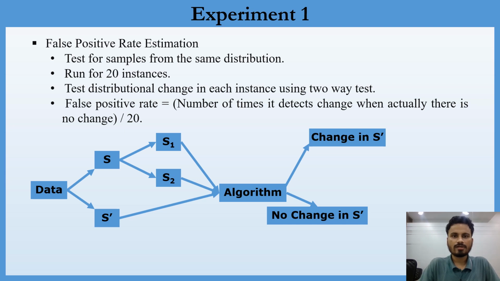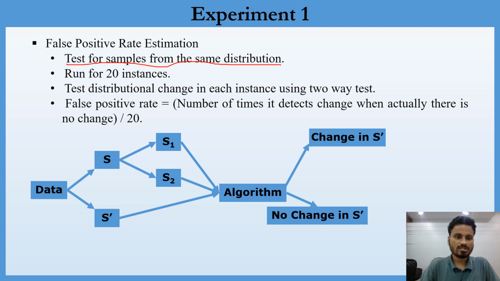Now this experiment is done to calculate the false positive rate. What we are going to do is test samples which are from the same distribution, meaning we are going to take S and S dash which are from the same distribution. Now we know that they are from the same distribution. We put these two samples to the test, and if our test predicts that there is a change in distribution, then we call it a false positive.